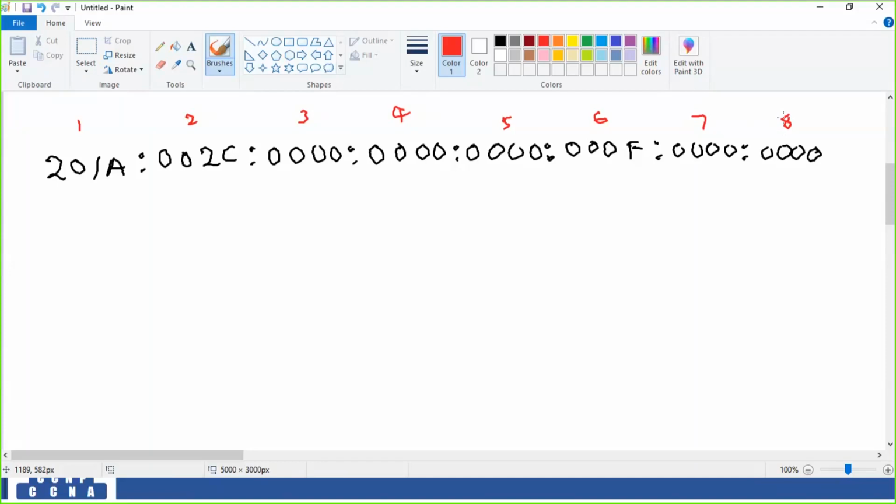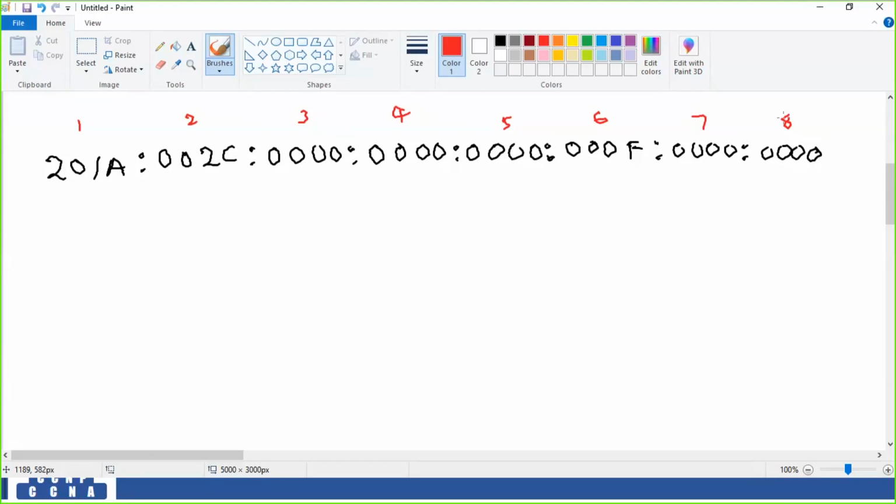Rule number 1. From any field, from any quadrant, leading zeros can be omitted. You can remove them, it's optional. Like in the first field, 201A, we don't have any leading zeros, so we can't do anything.